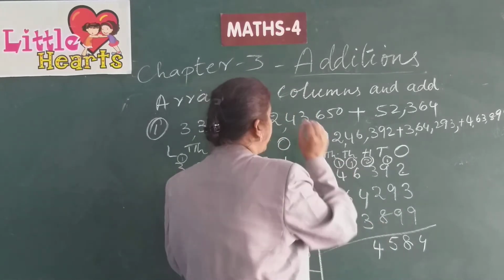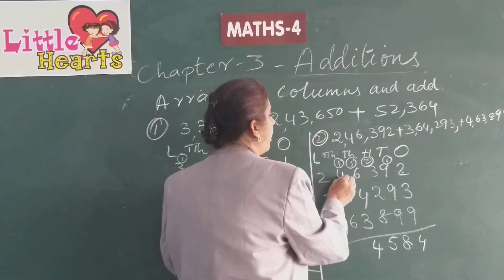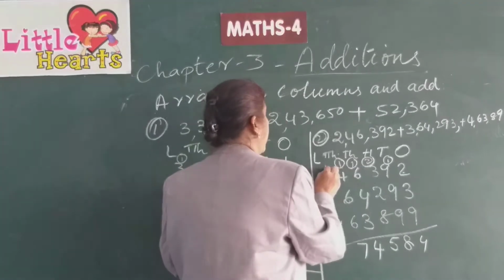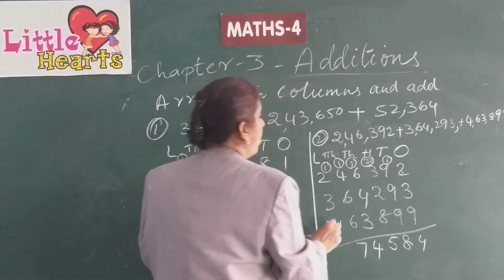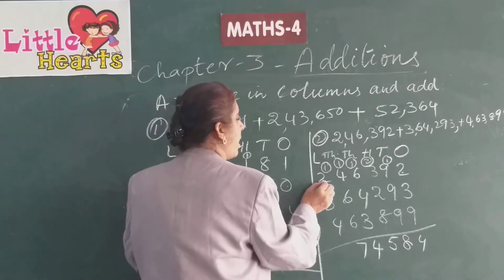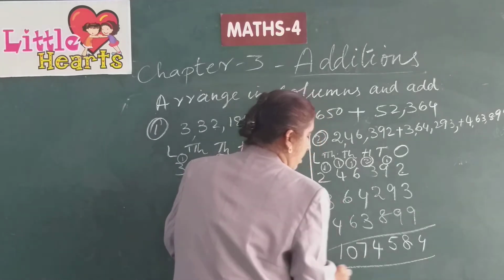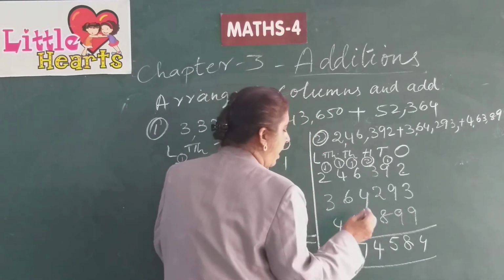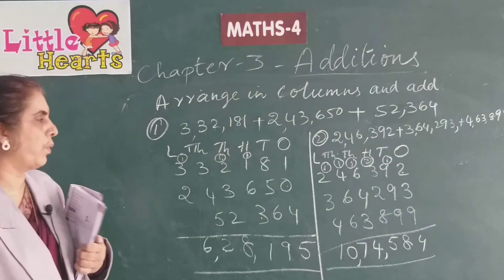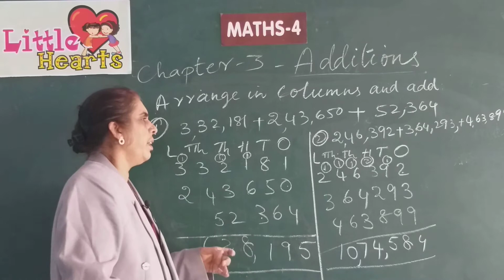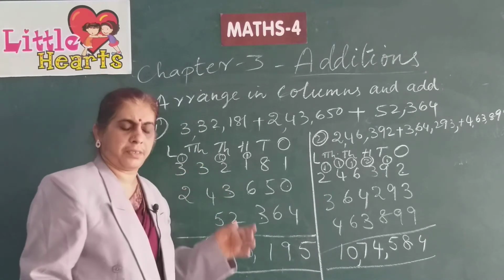Carry 1 to the 10,000s. 6 plus 6 is 12, 12 plus 4 is 16, plus 1 is 17. 7 in the 10,000s. Carry 1 to the lakhs. 4 plus 3 is 7, plus 2 is 9, plus 1 is 10. The answer is 10,74,584. So in this way, 6-digit numbers and 5-digit numbers can be added.